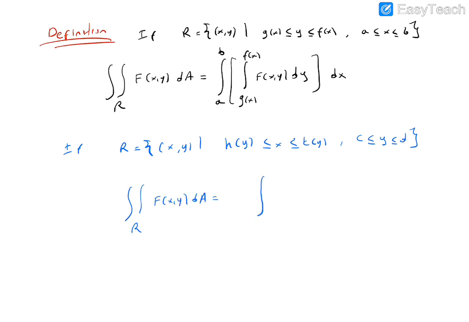First, you should integrate in terms of x from h of y to k of y. So this is a function of y. By integrating this obtained integral from c to d with respect to dy, you can calculate this double integral.